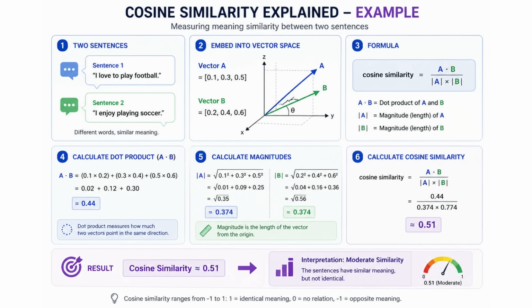Similarly, the magnitude of vector B is also approximately 0.774. Finally, we divide the dot product by the product of the magnitudes, resulting in a cosine similarity of approximately 0.51. This indicates a moderate similarity between the two sentences.